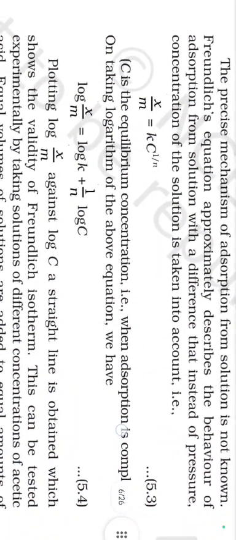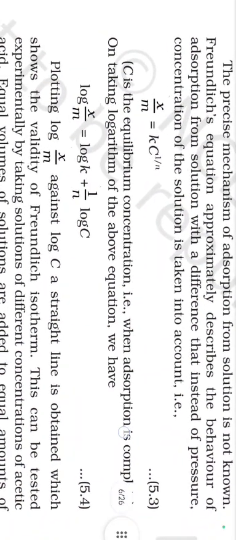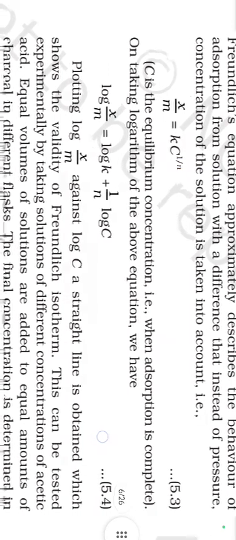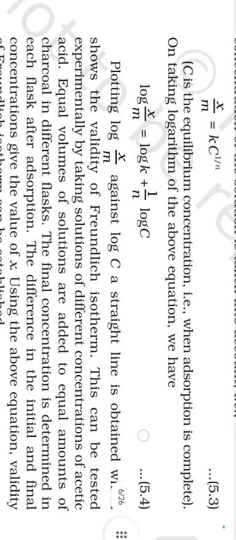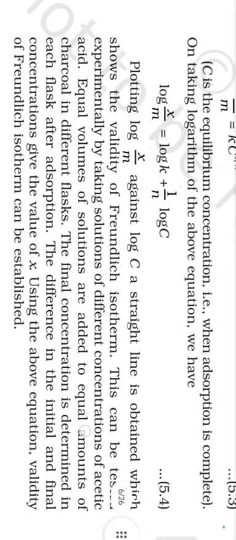Freundlich's equation approximately describes the behavior of adsorption from solution, with the difference that instead of pressure, concentration of the solution is taken into account. That is, x upon m is equal to k into c raised to power 1 upon n. c is the equilibrium concentration, that is, when adsorption is complete.